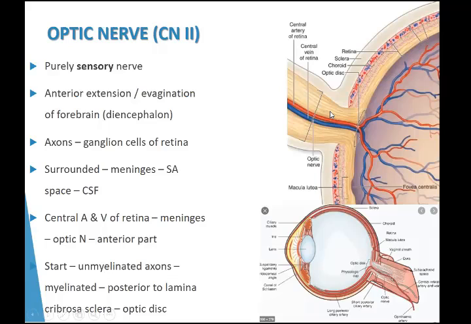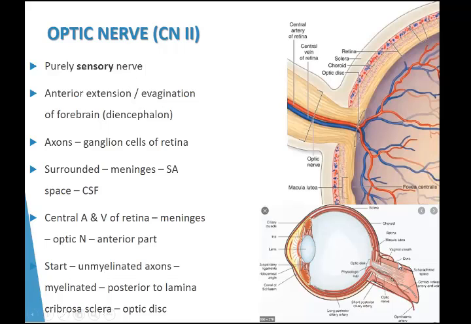Now, I just told you that optic nerve is considered to be an extension or an evagination of the forebrain. Okay? So, if it's a part of the forebrain, then it has to be surrounded by all the meninges. Brain is surrounded by the meninges. So, any extension from the forebrain will also be surrounded by the meninges.